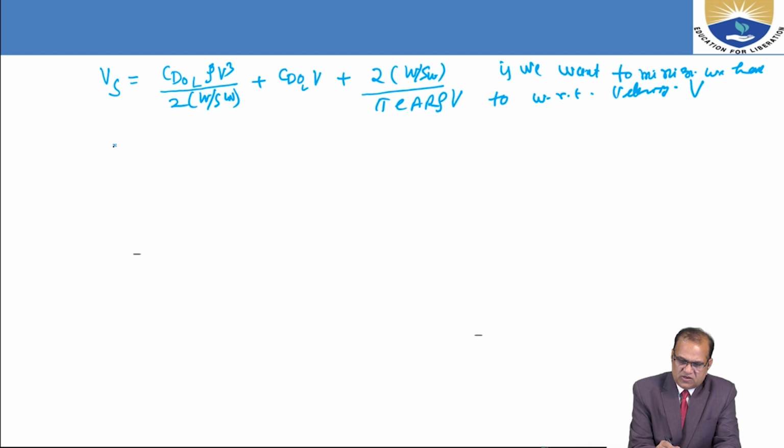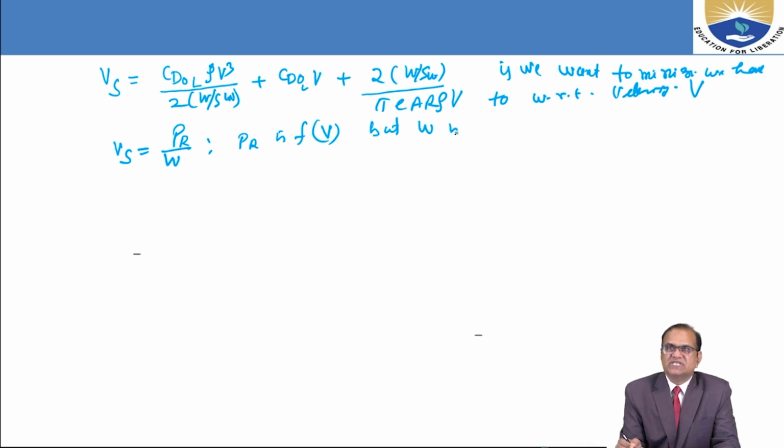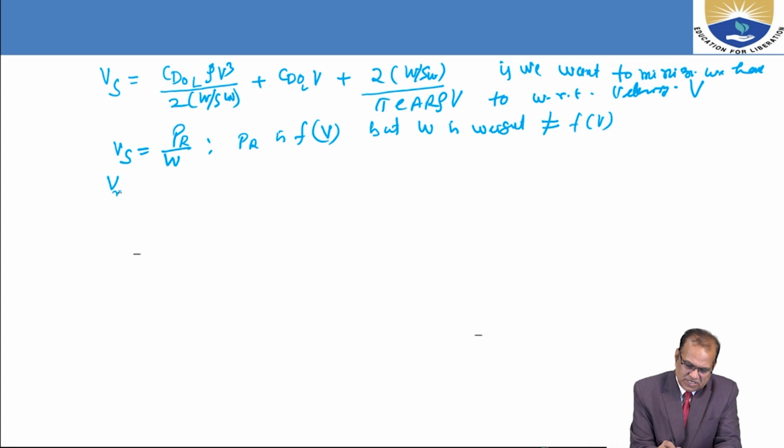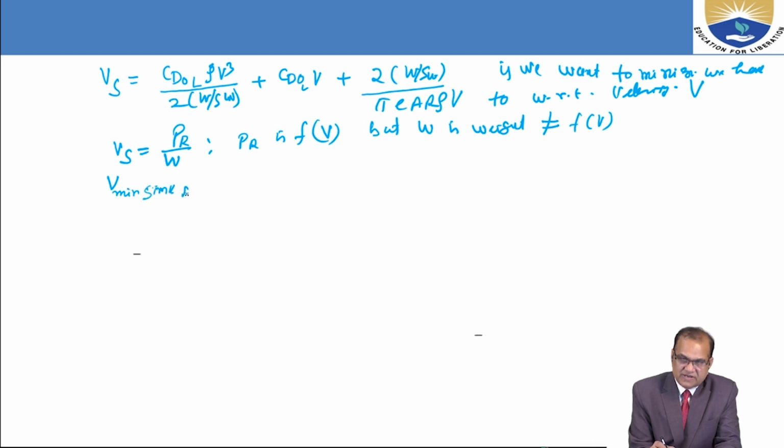So here we know that Vs is equal to PR divided by W, and PR is a function of V, but W is weight, it is not a function of V. So we have to find out the velocity for minimum sink rate.